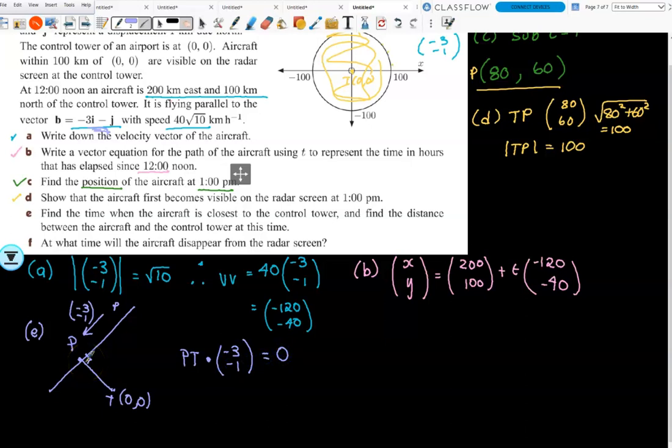Who remembers how we actually find PT or TP? I can make that TP. It's going to be P take T. So what's any point on this line?